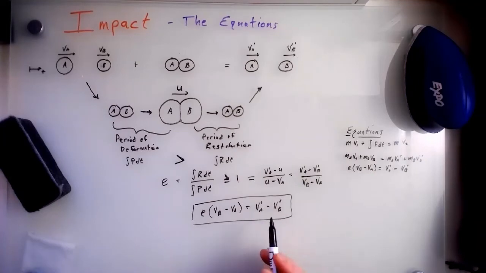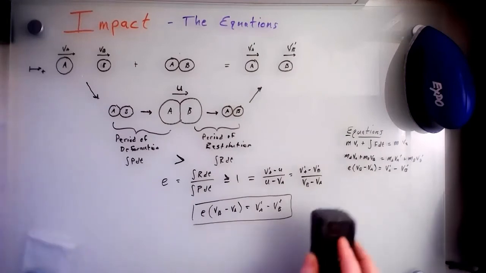You can reverse them so that you get A, B, then B, A. The important thing is that the order is reversed on the left versus the right side. So these are the equations from direct impact.